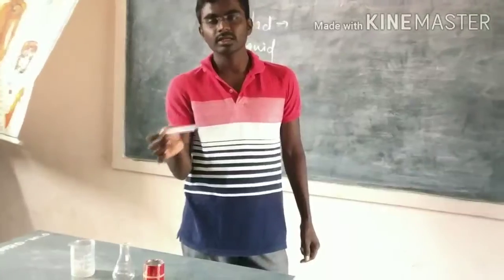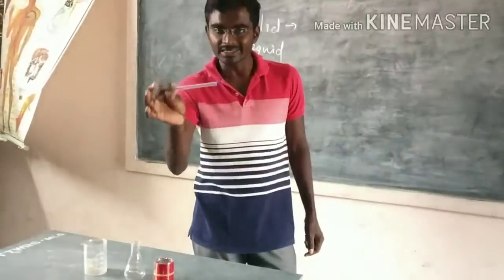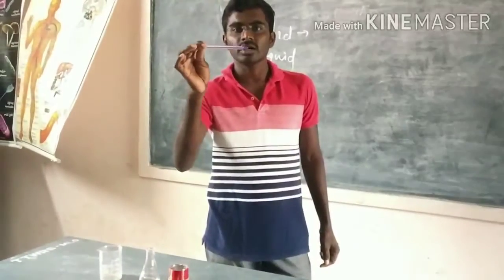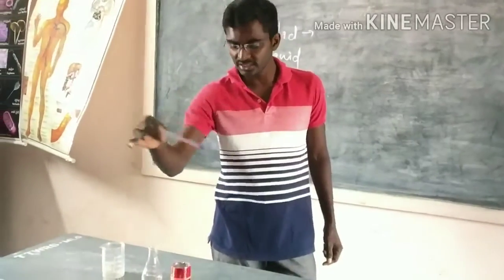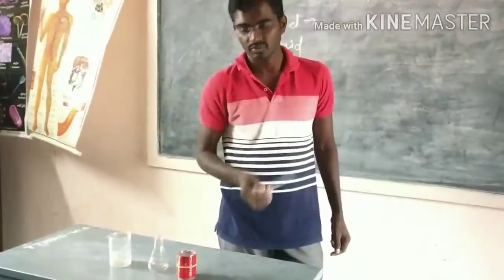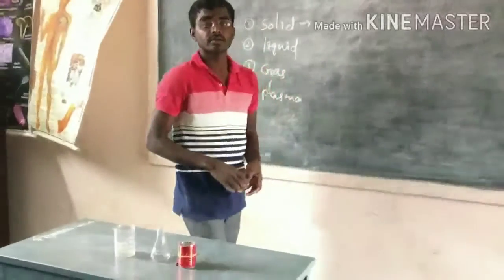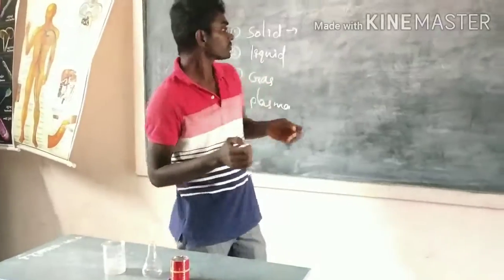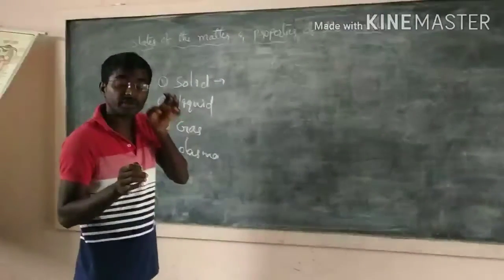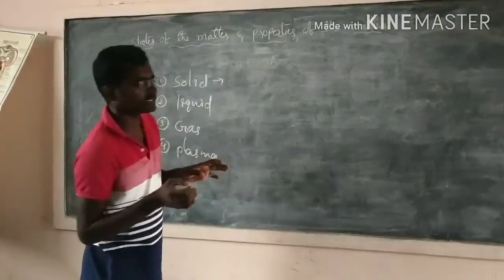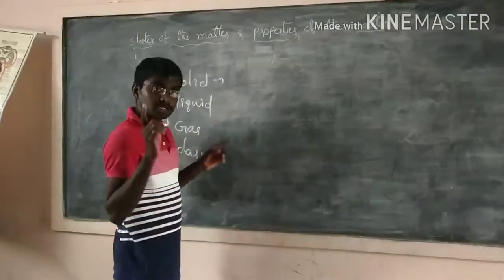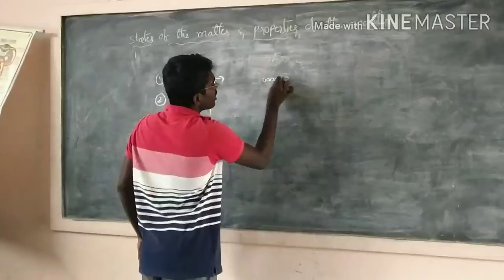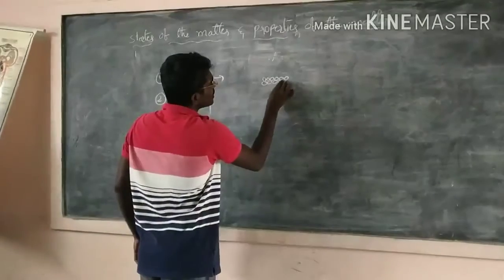That means solids are rigid. They remain in their volume and shape. Why do solids remain rigid? Because they have definite shape and volume. Why? Because in solids the particles are close together.